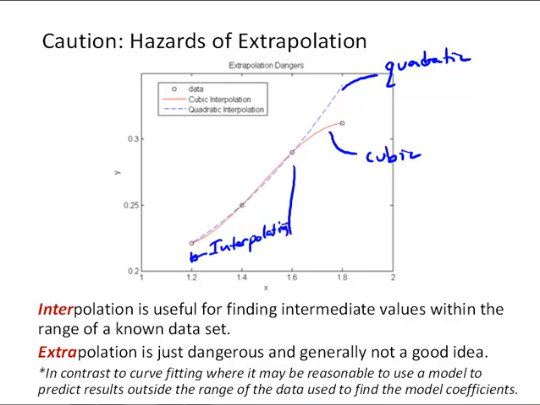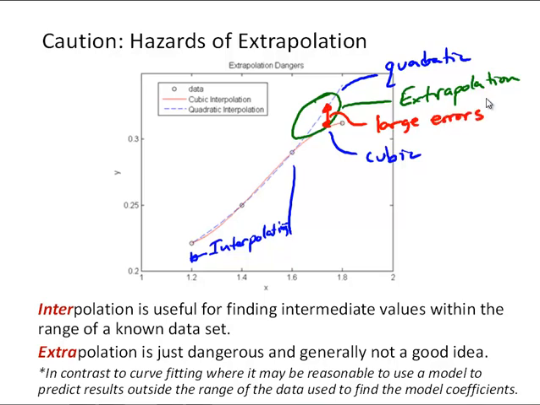To go out to this region with the quadratic, that would be an extrapolation, because we're going outside the range of the data that was used to generate the quadratic interpolating polynomial. We don't want to do that, and you can see here that we get pretty large errors in how well extrapolating that quadratic polynomial predicts the data after this last data point.